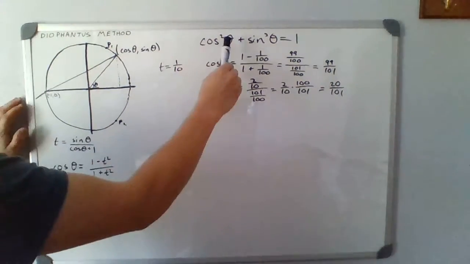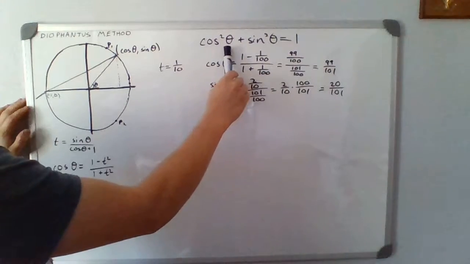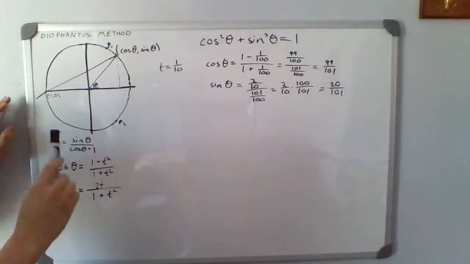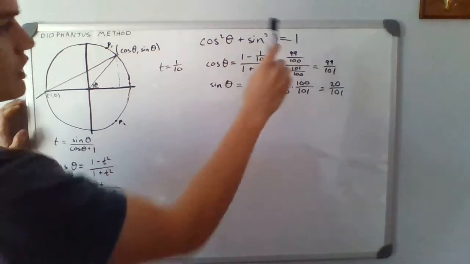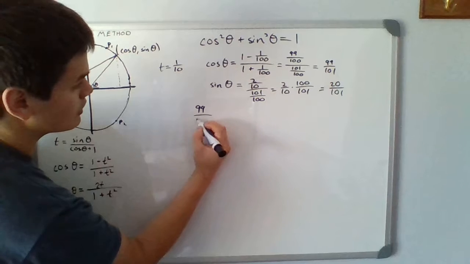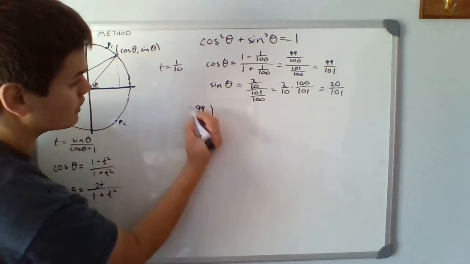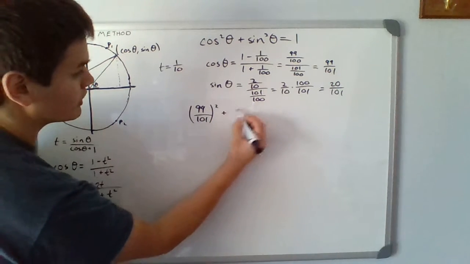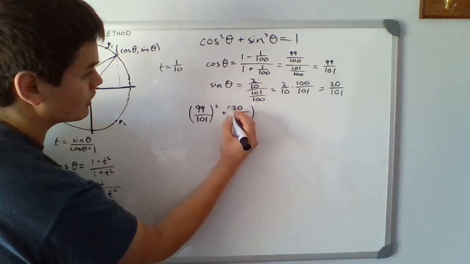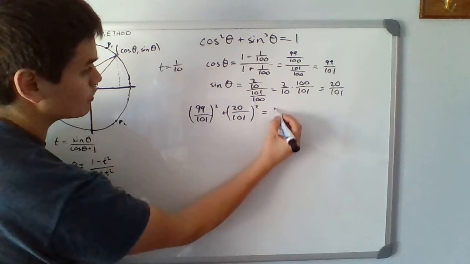Okay, so now look up here, we have cosine squared plus sine squared. To verify that these are giving me coordinate points on the circle, I'm just going to plug them in real quick. So 99 over 101 squared plus 20 over 101 squared should be equal to 1.